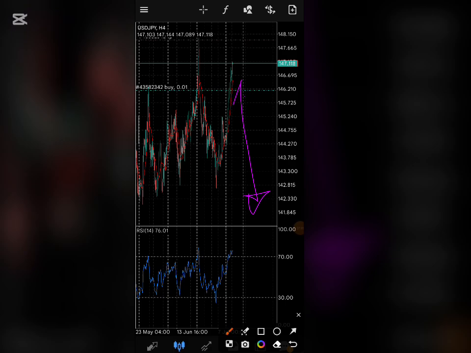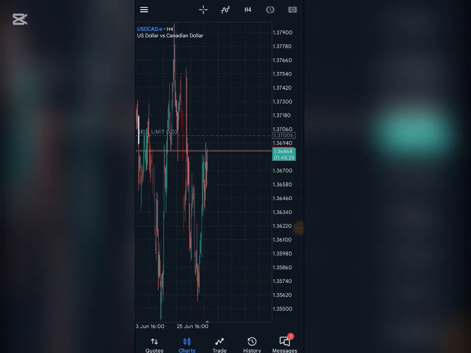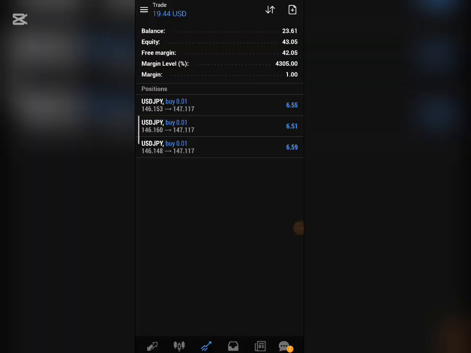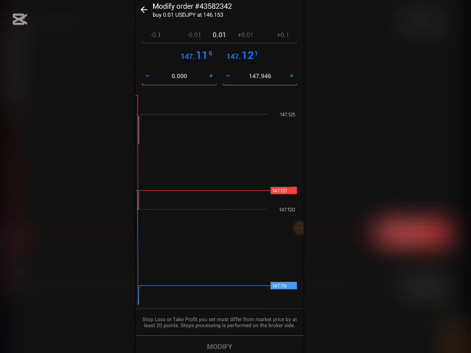Do you understand what I'm saying? So because of that, I can decide to close this and close this, and then leave this one, so that in case the price eventually reaches my TP, I'll be able to make my money.